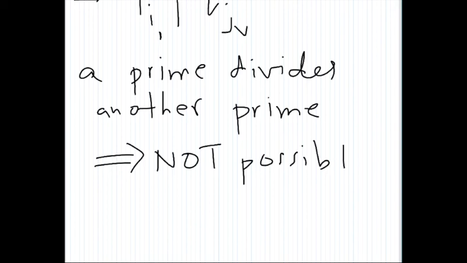So what did we say about contradiction? Once we assume something and prove something universally known to be true as not true, then our initial assumption was false.